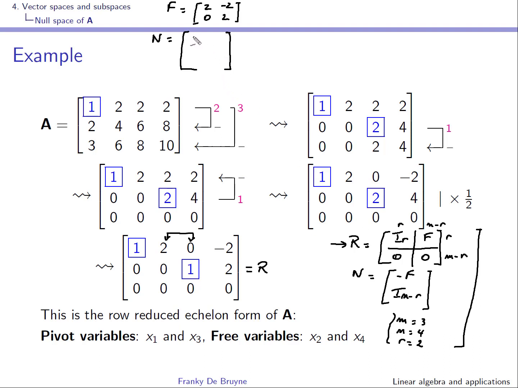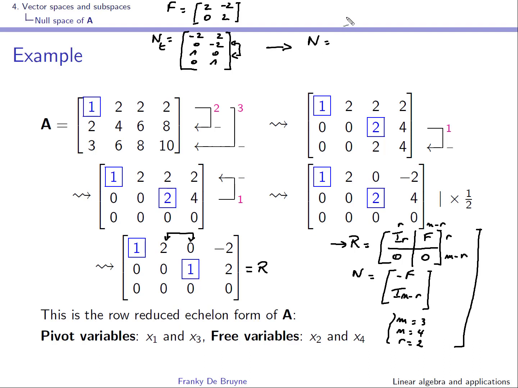So this gives minus 2, 2, 0, minus 2, and an identity matrix of dimension 2. So this is the N. But this is for an R in this form. We've seen that we have swapped the columns over here, so we need to swap the rows over here, and this leads to the final N, and this was a temporary N.